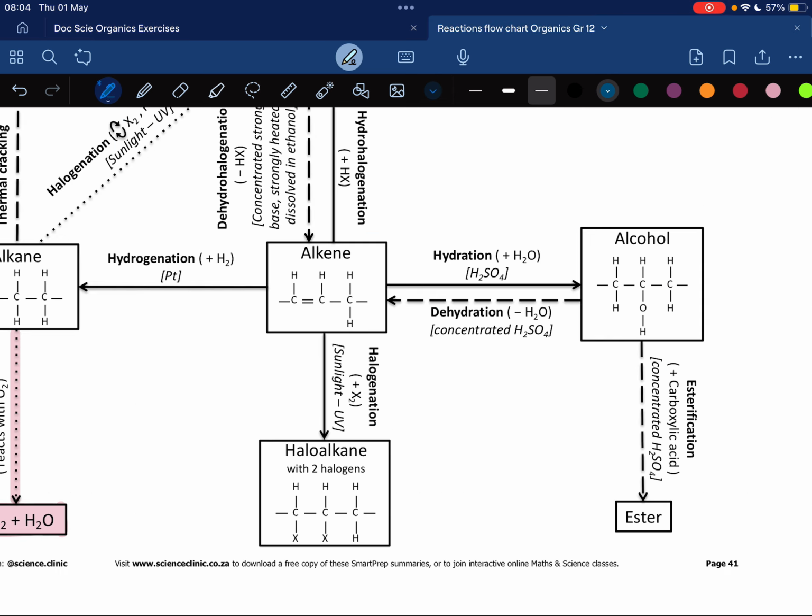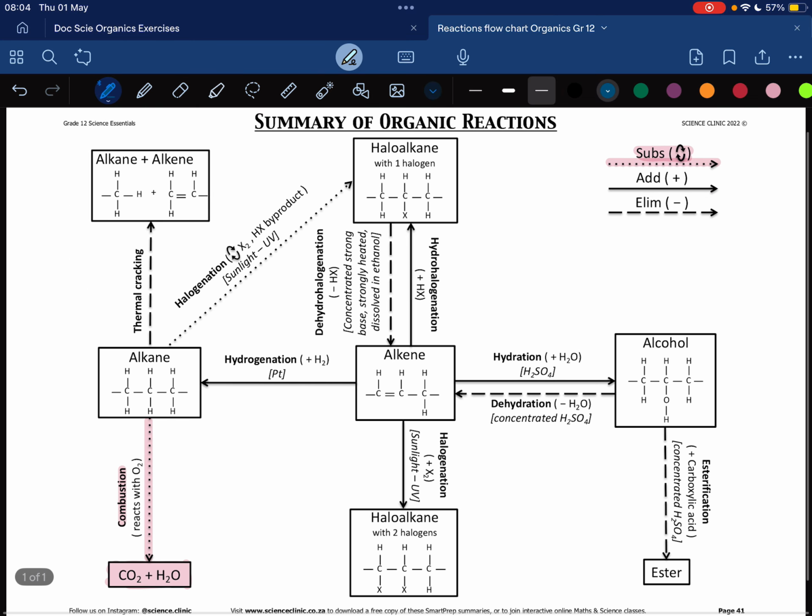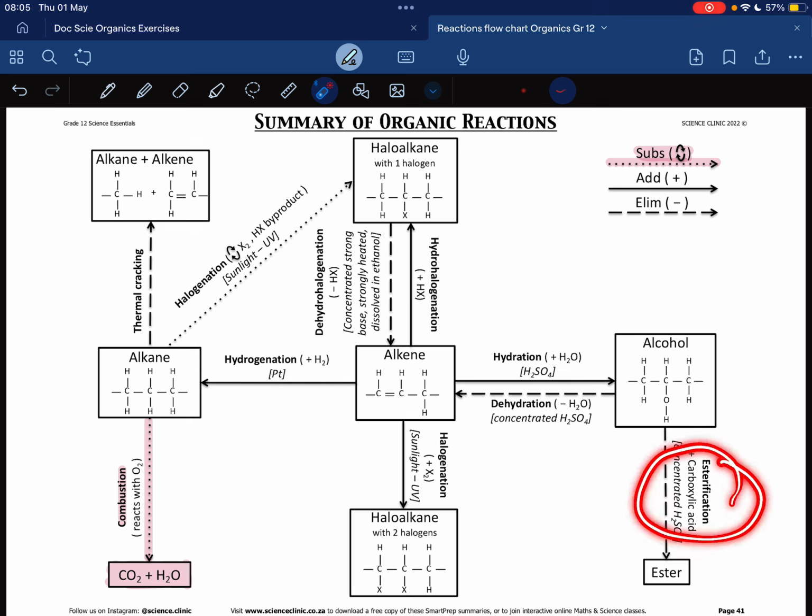Okay, it's important. You can see that in this flowchart here, there are also a whole lot of conditions that you have to learn as well. So you have to know that hydration requires sulfuric acid, or dehydration would be more concentrated sulfuric acid, and esterification is also concentrated H2SO4, and halogenation requires sunlight or UV.